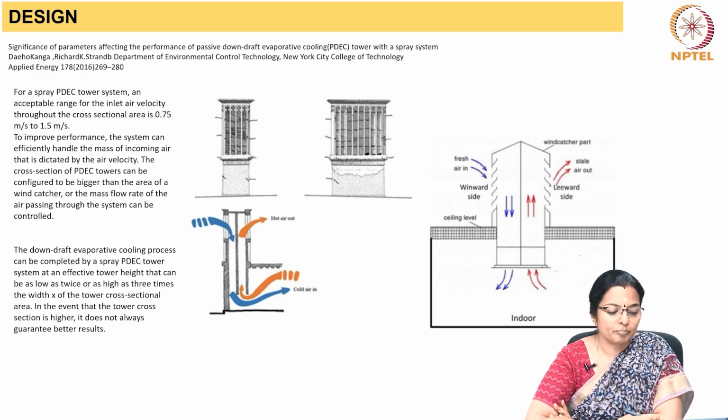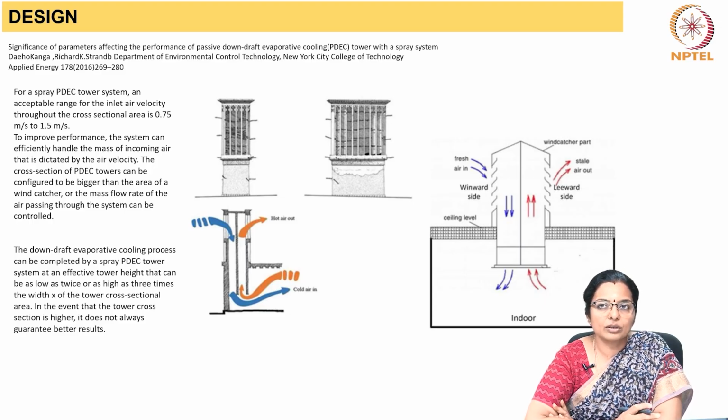So for a spray PDEC tower system, an acceptable range for the inlet air velocity throughout the cross section should be 0.75 meters per second to 1.5 meters per second. To improve performance, the system can efficiently handle the mass of incoming air that is dictated by the air velocity.